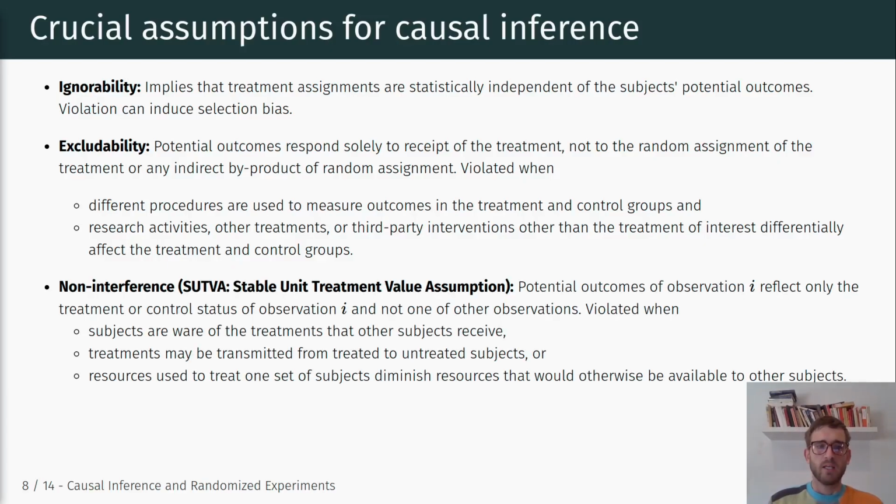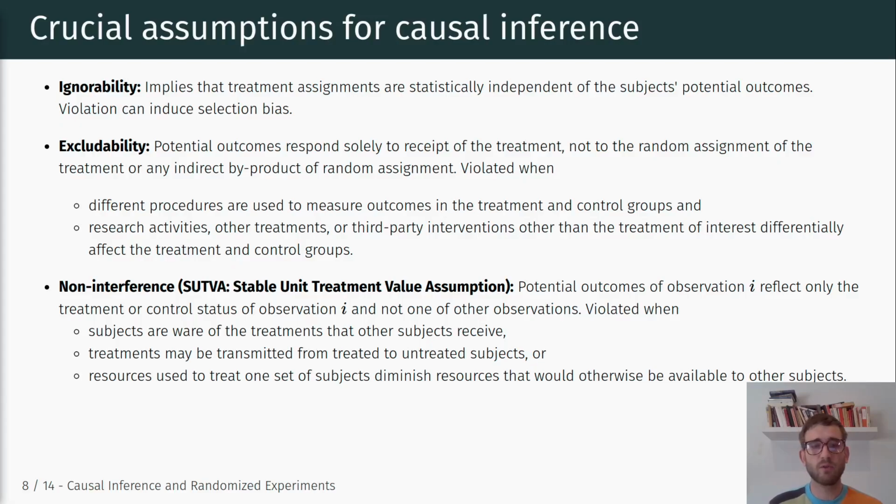Okay. The next really important assumption is non-interference, or SUTVA, which stands for Stable Unit Treatment Value Assumption. And this basically means that potential outcomes of observation i reflect only the treatment or control status of observation i and not of other observations.